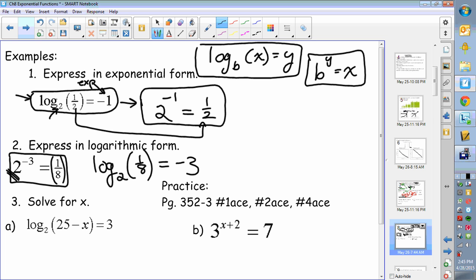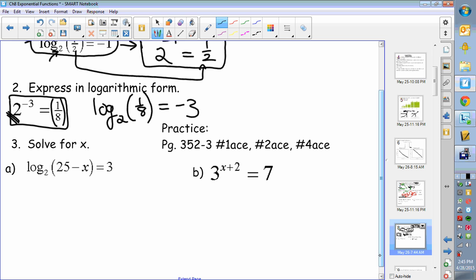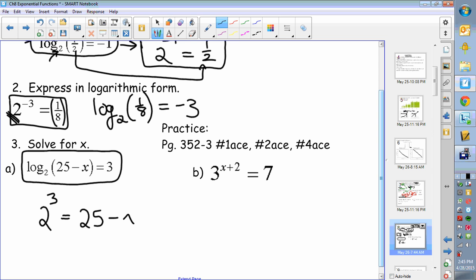All right, so can we use these rewriting powers to actually solve questions? Well, for some of them we can, because if we just rewrite this in exponential form and then try and solve for x, let's see if we can figure out what happens. So writing this, the base 2 to the power of 3 is equal to 25 subtract x.